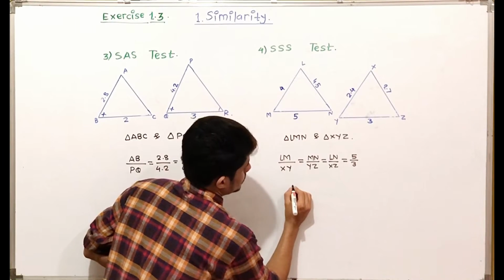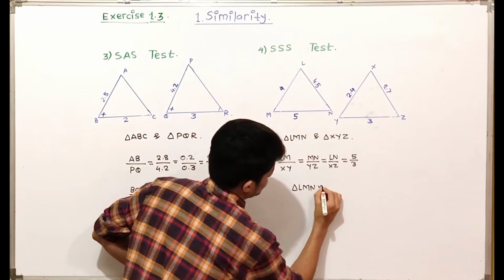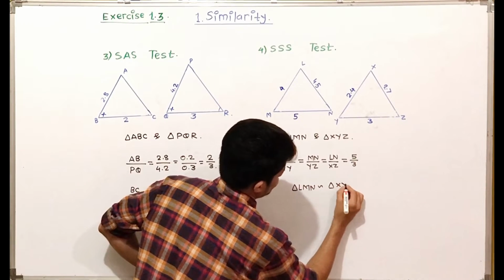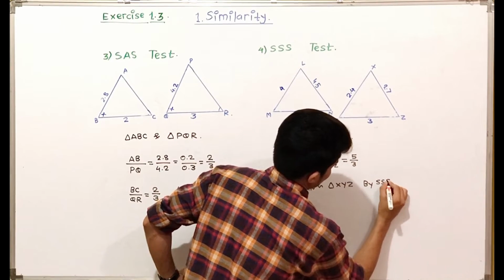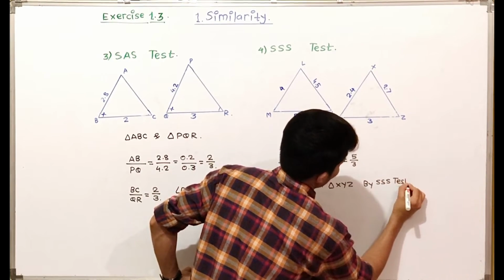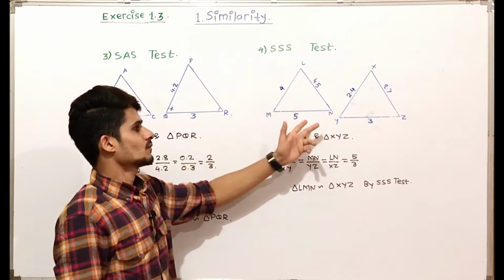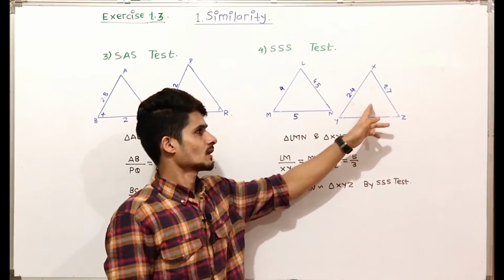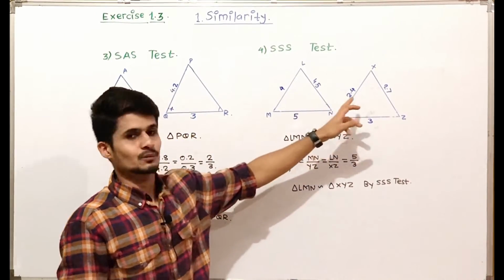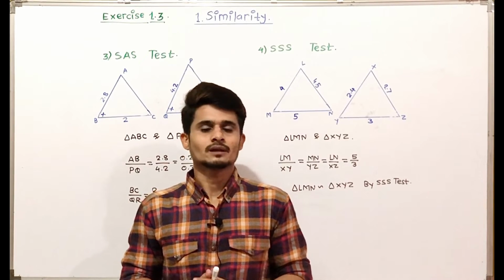That is, triangle LMN is similar to triangle XYZ by the SSS test, that is the side side side test. So these were some tests which are important to solve the exercise.